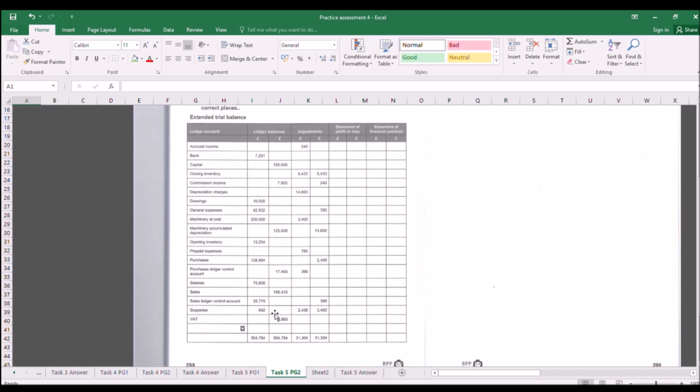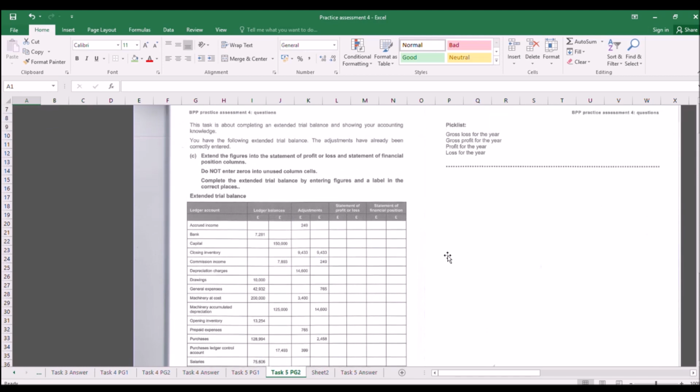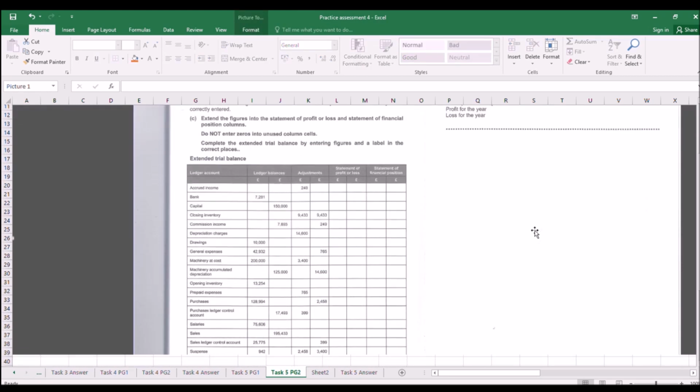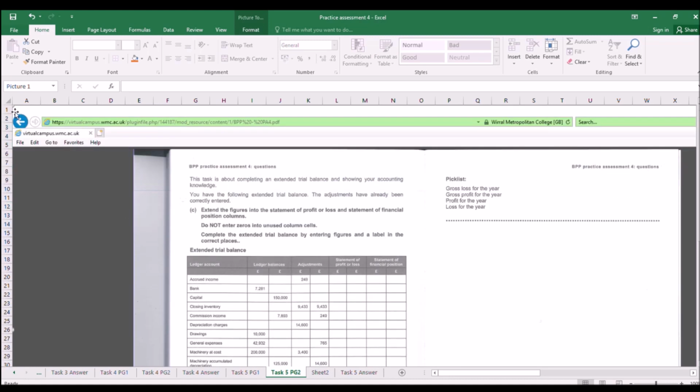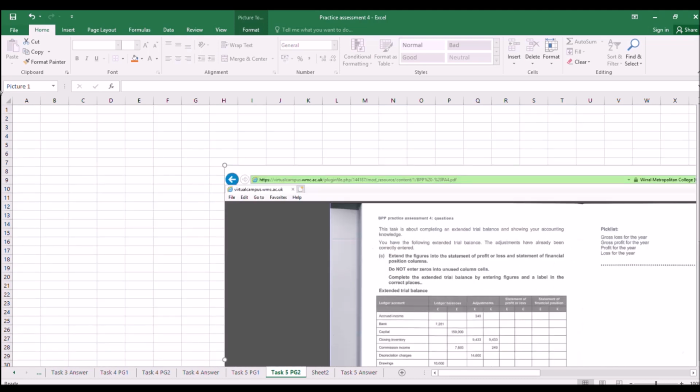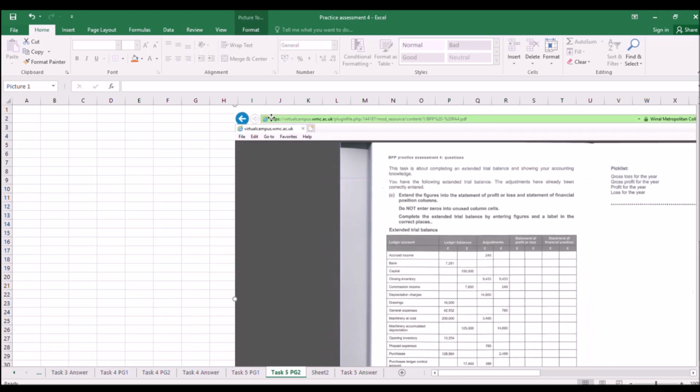Actually, what I will do is I'll copy this and I'll make this a bit smaller. Let's just write this out on this sheet if we can. Alright, let's put that there.